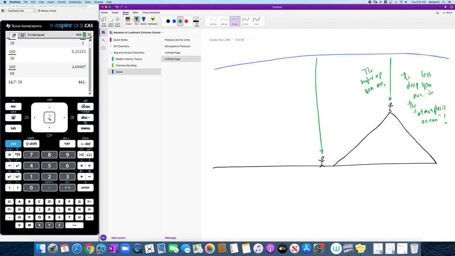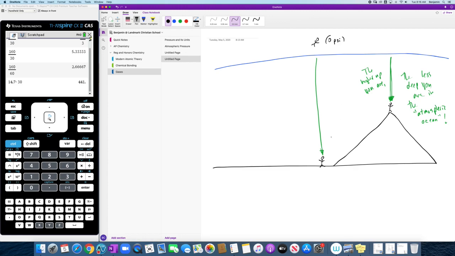Okay, and so then there's less atmosphere on top of you being pulled down because of gravity, and so less pressure. And eventually, if you imagine getting so high up you are actually in outer space, well, there's no atmospheric pressure in outer space because there's no atmosphere there. You'd have 0 psi in outer space, at least in deep space, once you get really far away from the planet.